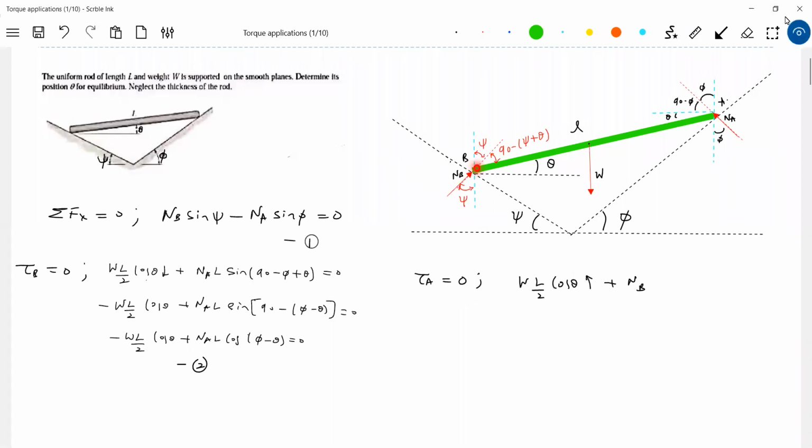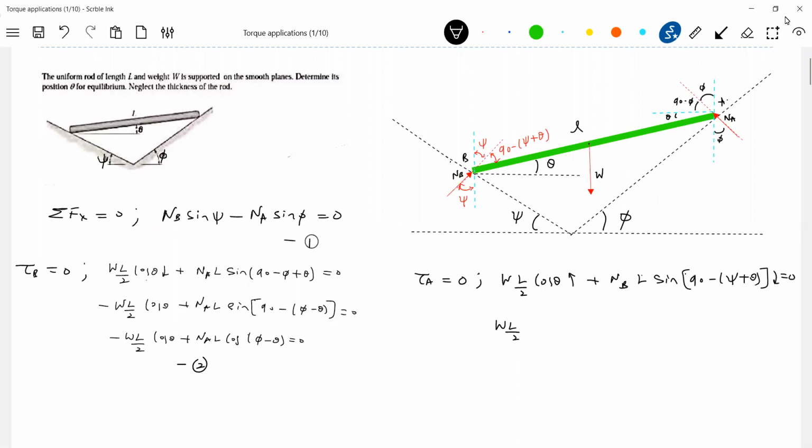Next, component of NB. Again, similarly, come for this. Component of this perpendicular to the rod. NB will act like this. Its component perpendicular to the rod will be somewhere here in this direction. So this should be equal to NB L. Again solving, this should be W L by 2, and this particular torque is clockwise, all set equal to 0.